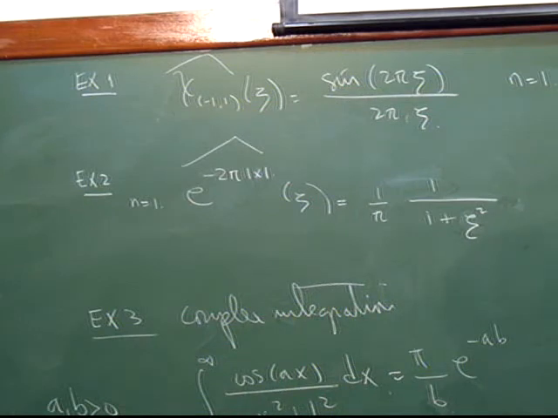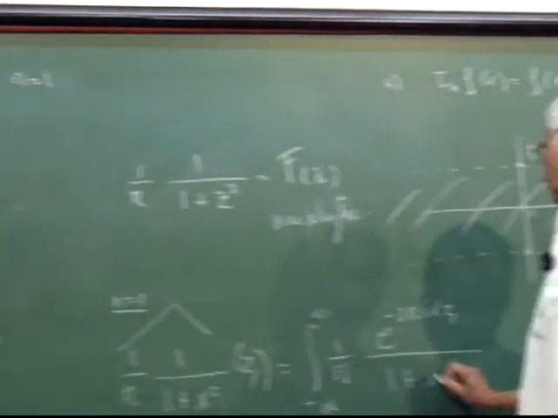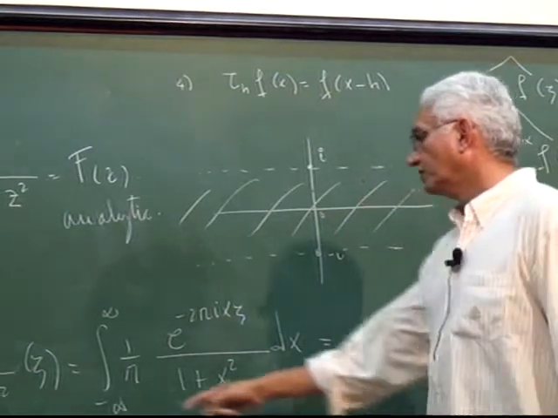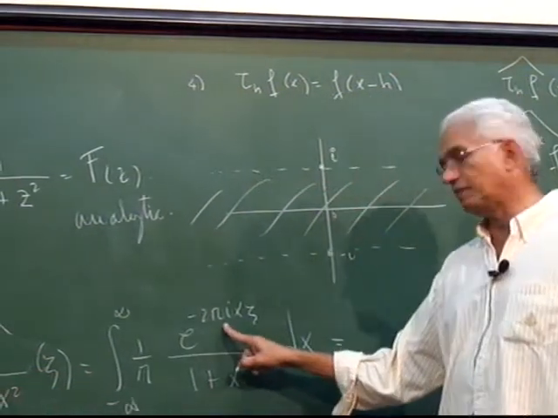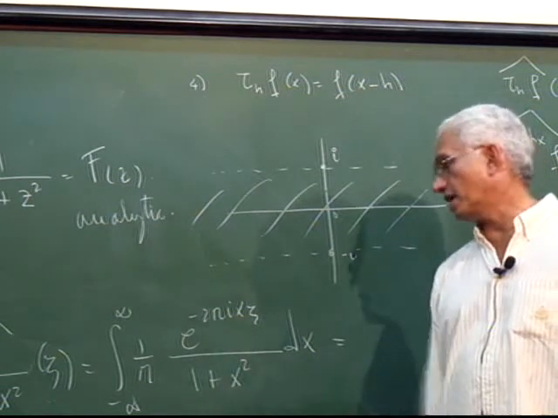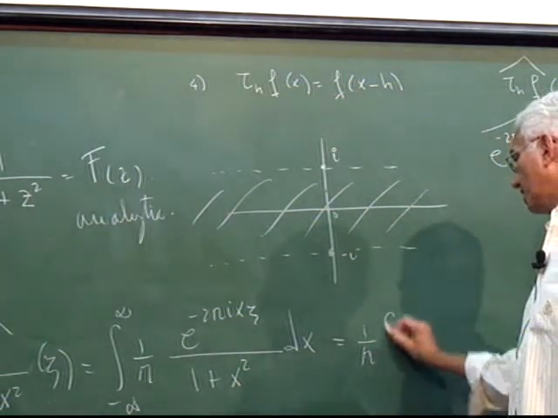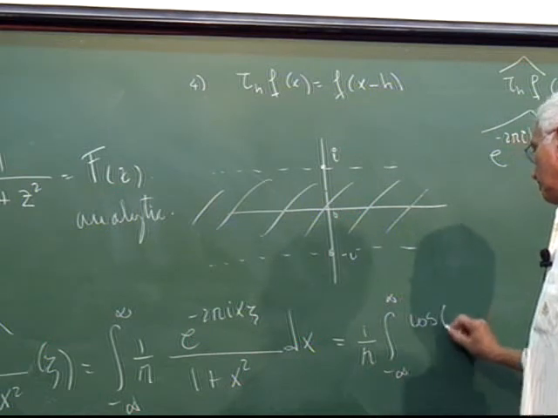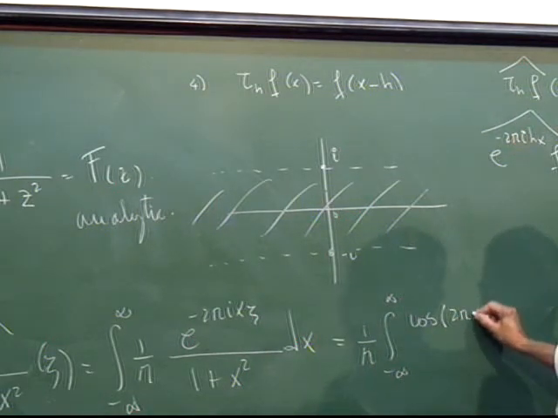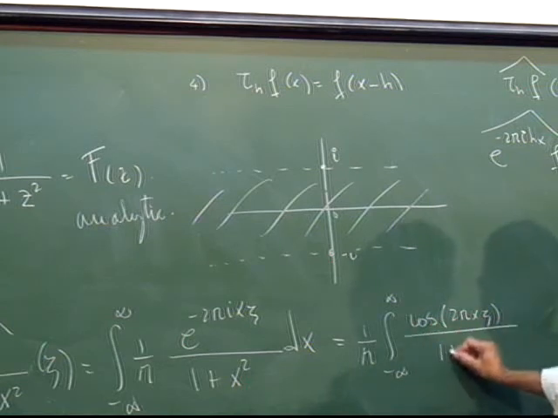Then, if you take the Fourier transform of this quantity in one dimension, since this function is even and the exponential is split into sine and cosine, the sine part disappears, then you get only the cosine part. And the cosine is even, then it doesn't matter which sign you put there.